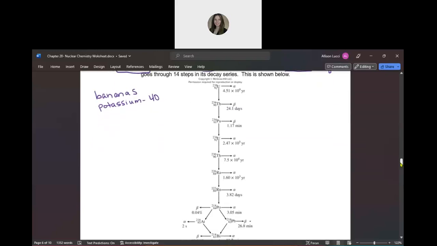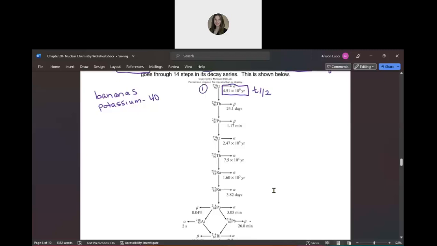It undergoes alpha decay, and this is the half-life of the uranium-238 isotope, about 4.5 billion years. So it takes quite a while for uranium to radioactively decay. But this is step 1 in our 14 steps.